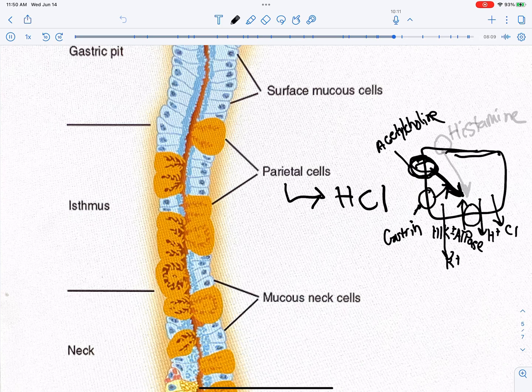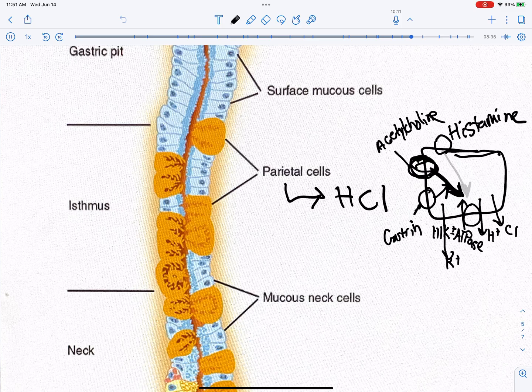Gastrin also helps produce hydrochloric acid, and it is secreted basically by the G cells in the stomach lining, mainly in the antrum of the stomach. Histamine also binds to the parietal cell receptor and is helpful in producing acid.